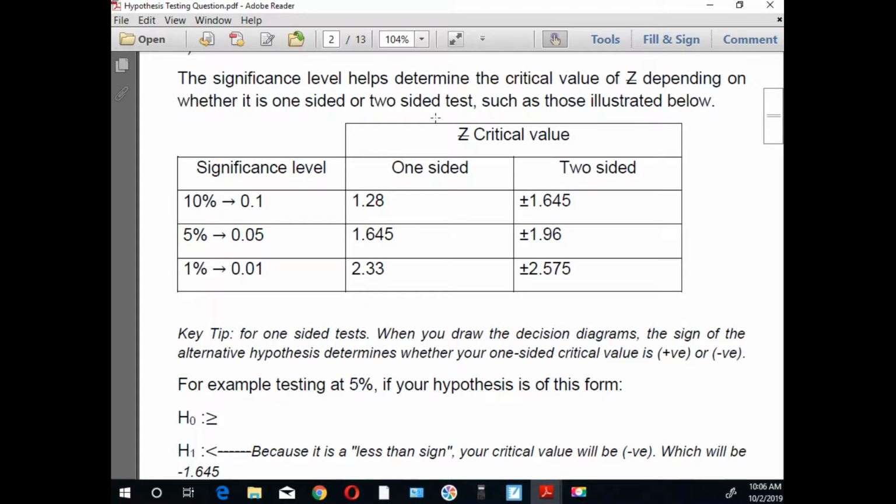Those values for one-sided can either be negative or positive, depending on which one-sided test you are dealing with. It can be plus or minus. Usually the plus is when you are dealing with an alternative hypothesis like this, and when you are dealing with an alternative hypothesis like this, it becomes negative.